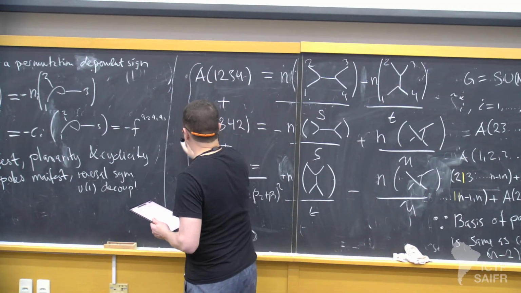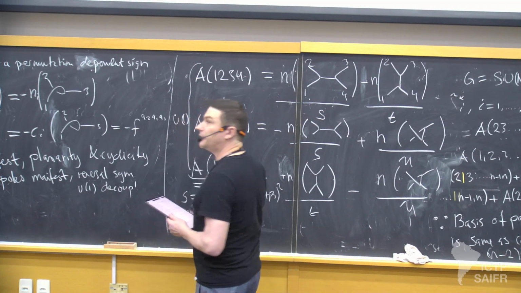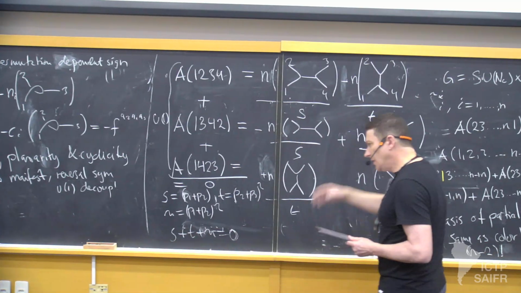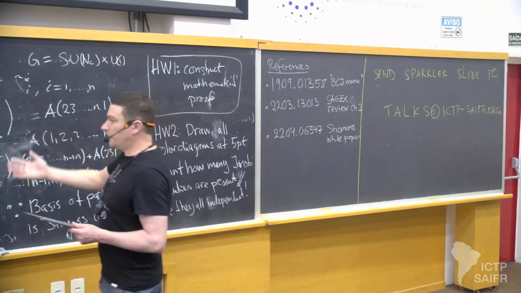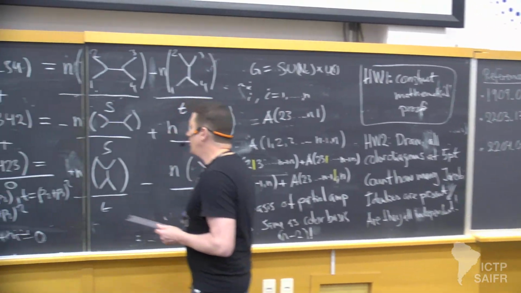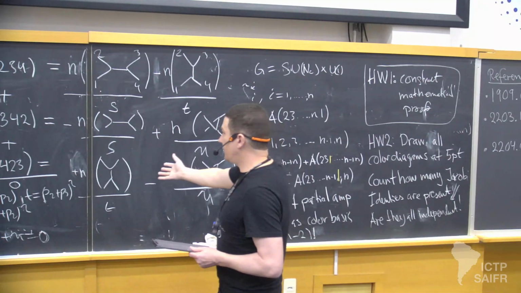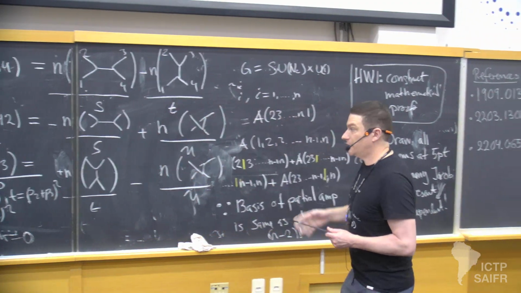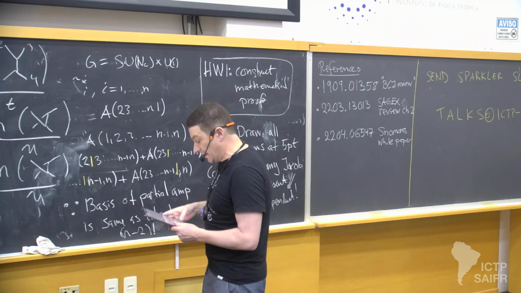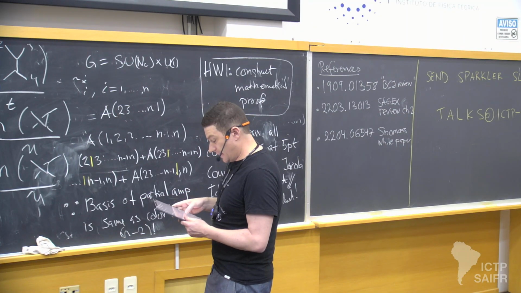This here is the U1 decoupling identity at 4-point, which is the simplest KK Kleiss-Kuijf relation. It's the only Kleiss-Kuijf relation at 4-point. And it just follows from this sign. And this sign is just mimicking the sign of the color factors, but now applied to the kinematic graphs instead.